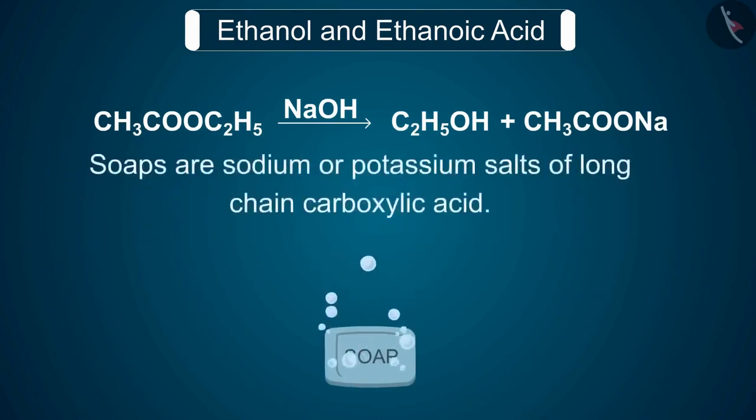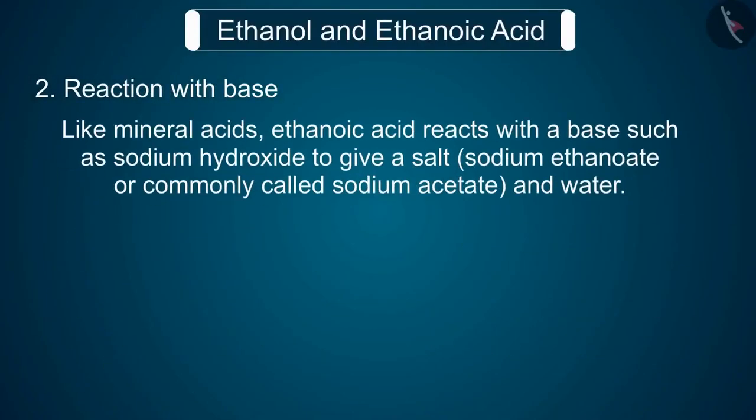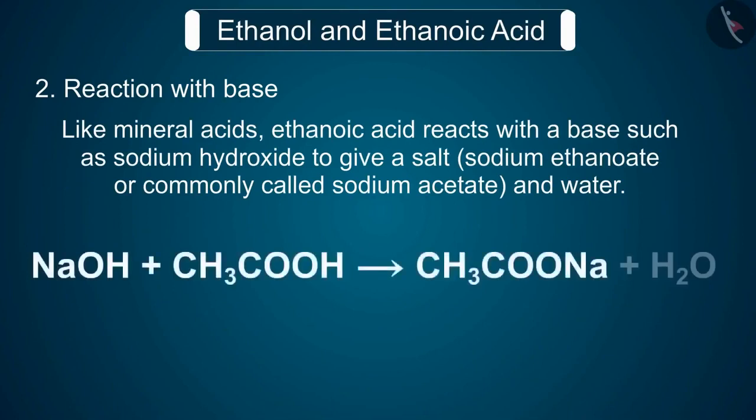Soaps are sodium or potassium salts of long-chain carboxylic acid. 2. Reaction with base. Like mineral acids, ethanoic acid reacts with a base such as sodium hydroxide to give a salt, sodium ethanoate, or commonly called sodium acetate, and water.